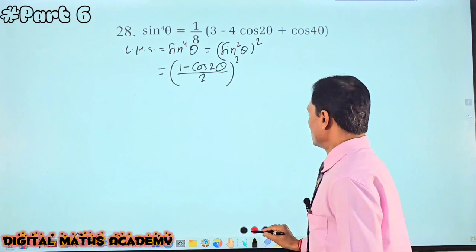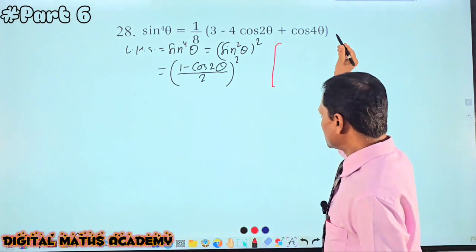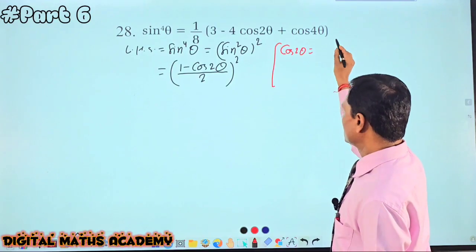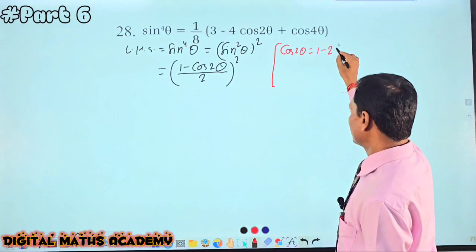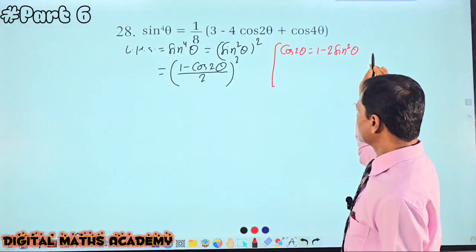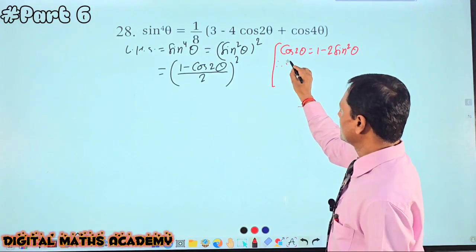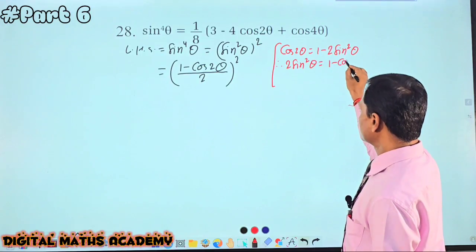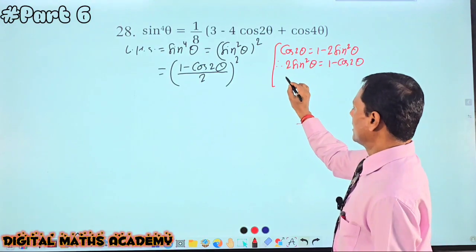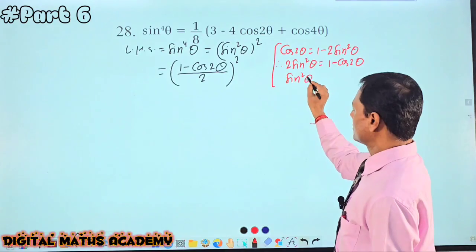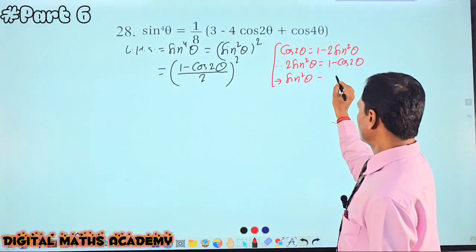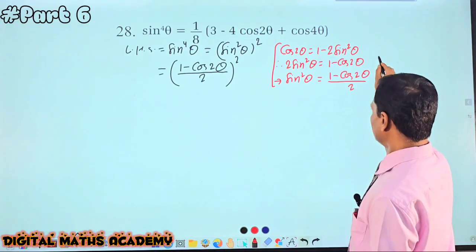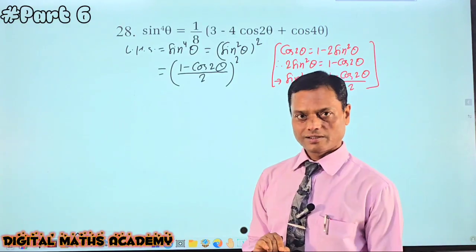How? As we know, cos 2 theta equals 1 minus 2 sin square theta, isn't it? And 2 sin square theta equals 1 minus cos 2 theta, right? And sin square theta equals (1 minus cos 2 theta) over 2, right?